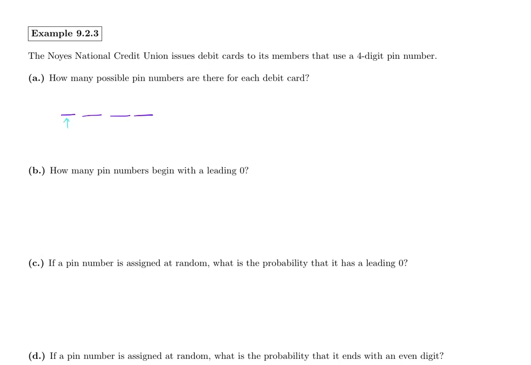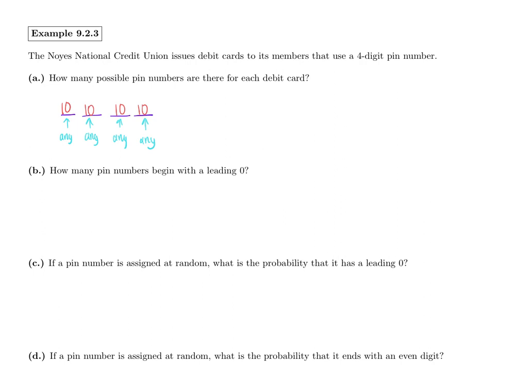Well, it can be any single digit. So that's 0, 1, 2, 3, 4, 5, 6, 7, 8, or 9, which is 10 ways. Well, I haven't put any limitations on it, so you could also choose any number for the second digit, and the third, and the fourth. So each digit has 10 ways it could be chosen.